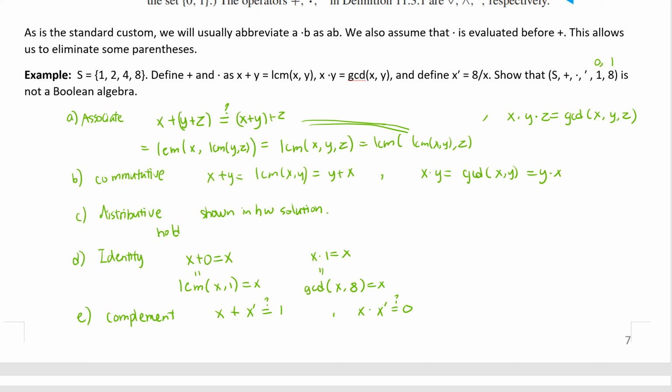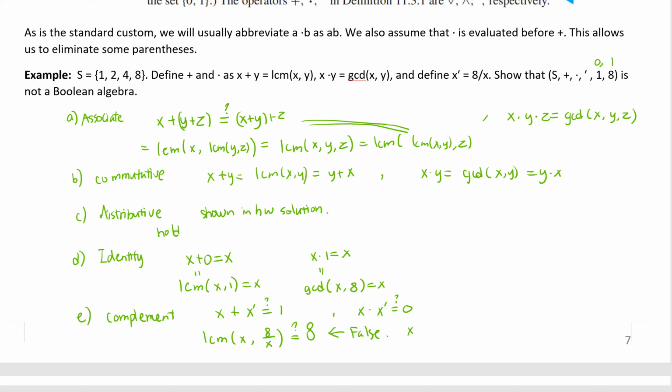So we want to check whether the LCM of x and its complement, which is defined to be 8 over x, equals 1, which corresponds to 8, and 1 corresponds to 0. So far so good? Okay, let's see. Is that true? Wow, no, this is false.